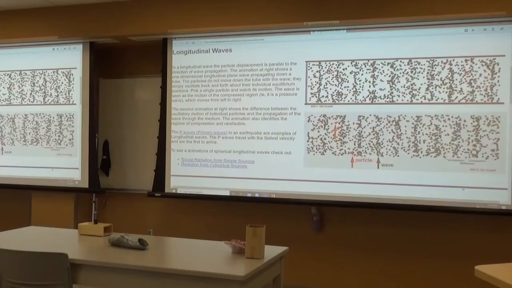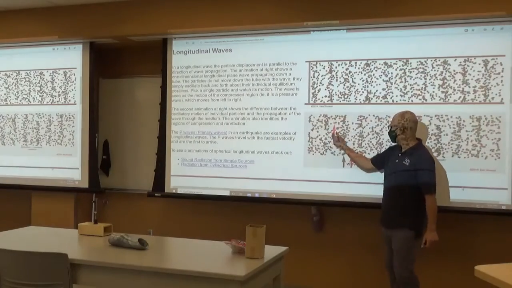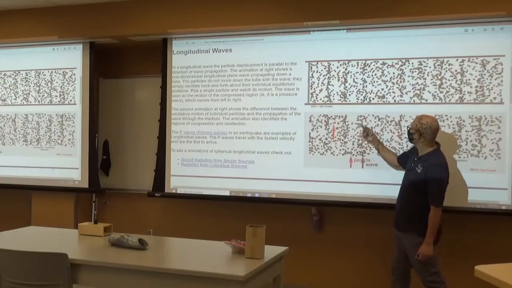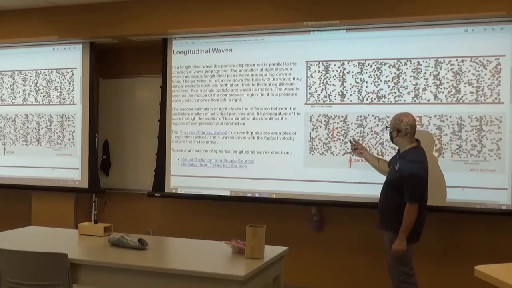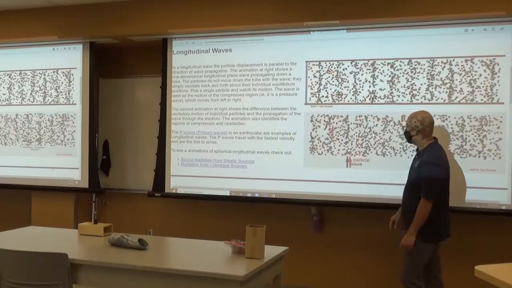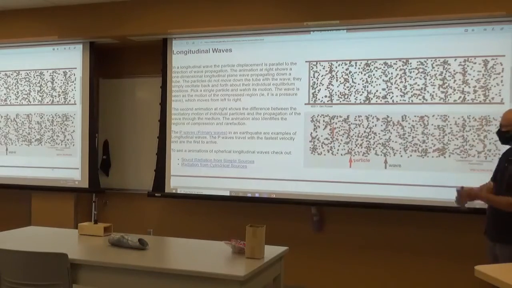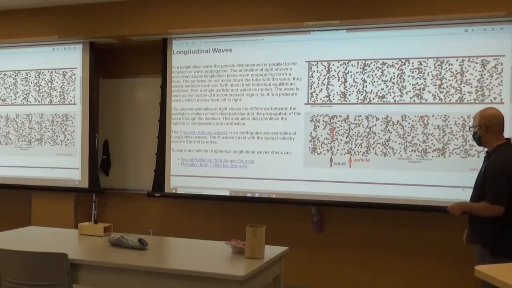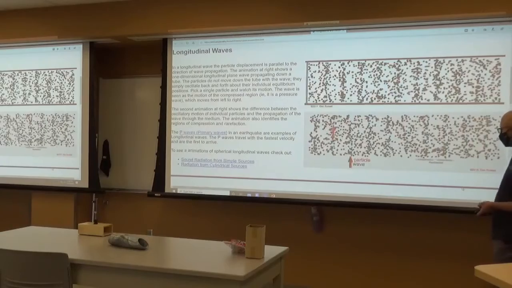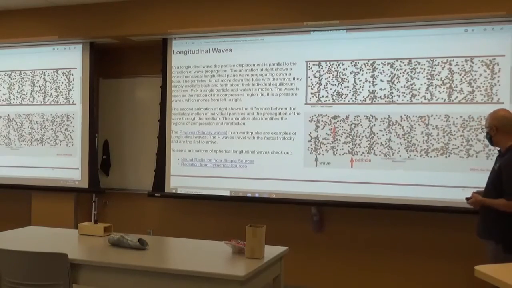So you see here, there is compressed region, and there is less dense region. So when it's moving back and forth, it always forms compressed region and less compressed, or less dense region. So the compressed region is compression, and less dense region is rarefaction.